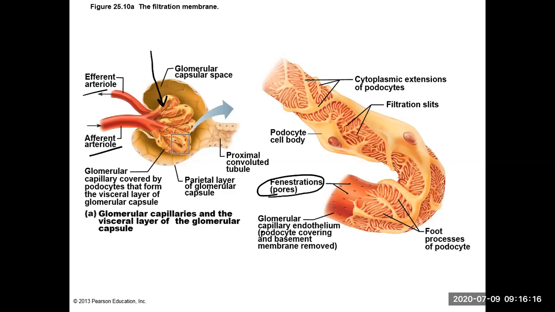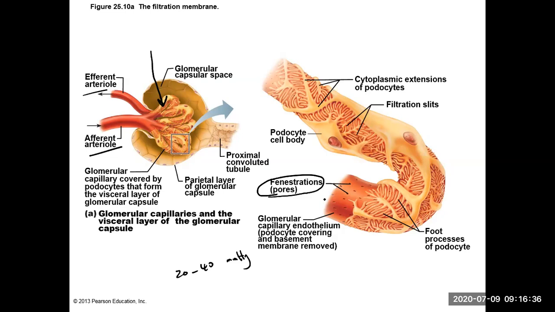Normally, the blood pressure in capillaries is about 20 to 40 millimeters of mercury. In these capillaries the pressure is about 55.